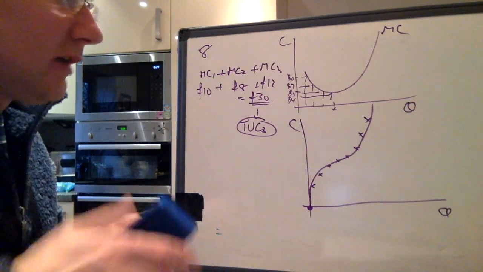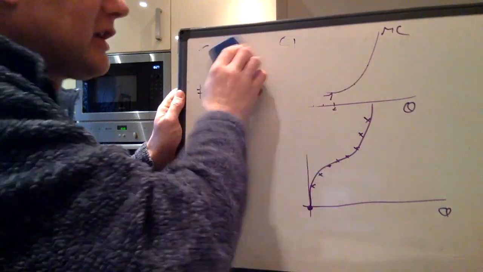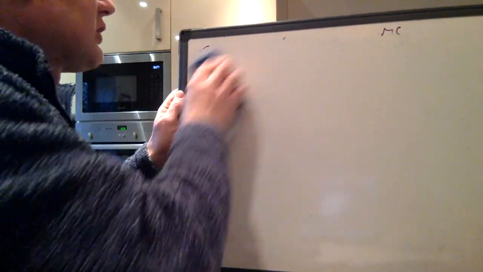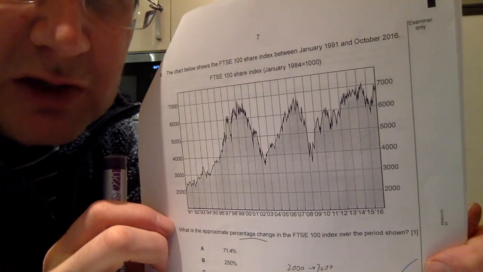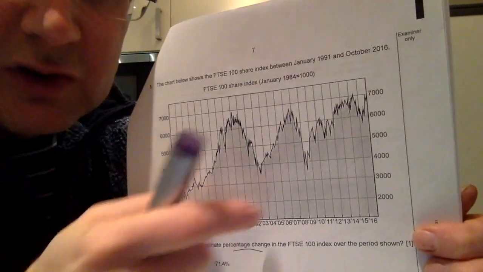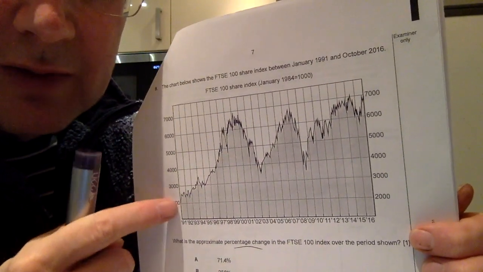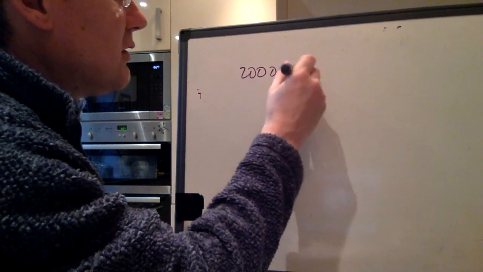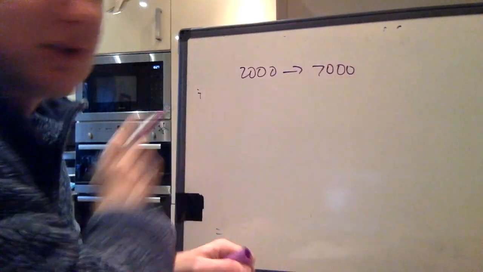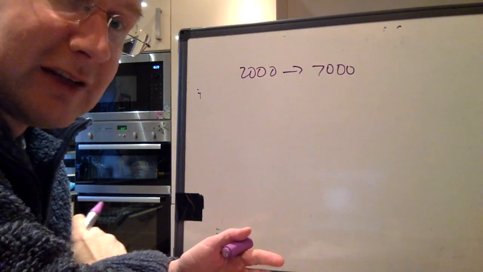Question 9 is a simple calculation question. It's just a trap, really. It's a percentage change trap. What you've got is it's just asking the percentage change over the period, and it goes from 2,000 here to 7,000 here. So what percentage increase is that? What lots of people are doing is just going, it's going up by 3.5 times. That's 350%. Well, it isn't.